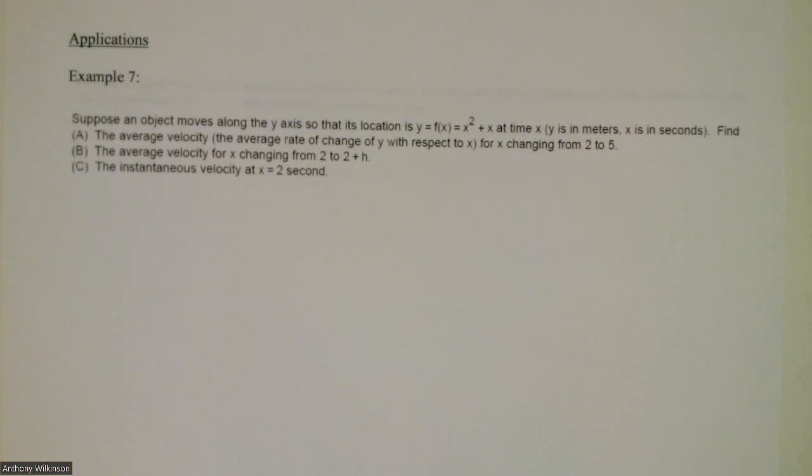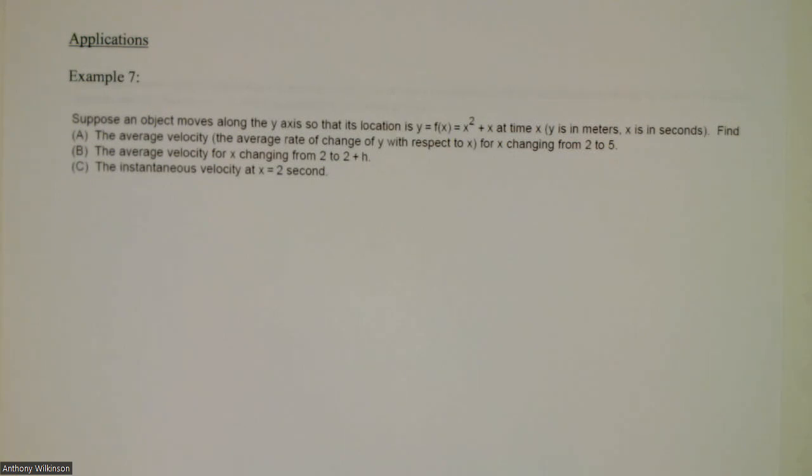Find the following: the average velocity or the average rate of change of y with respect to x for x changing from 2 to 5. And then find the average velocity for x changing from 2 to 2 plus h. And then the instantaneous velocity at x equals 2 seconds.